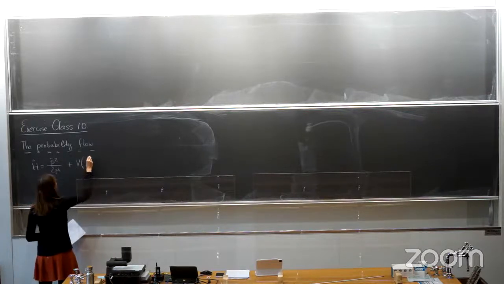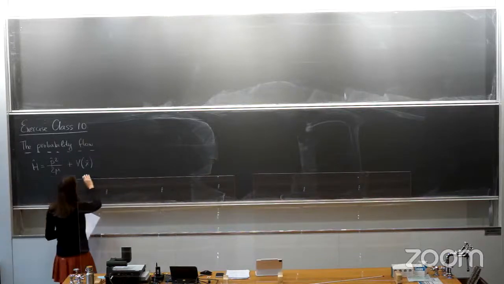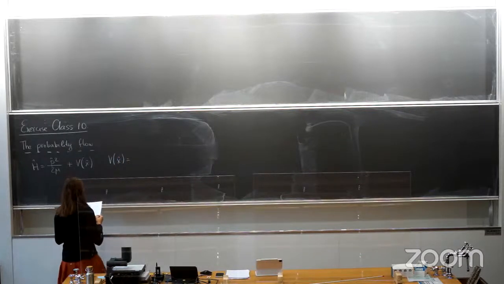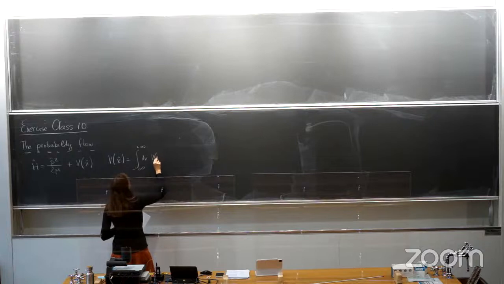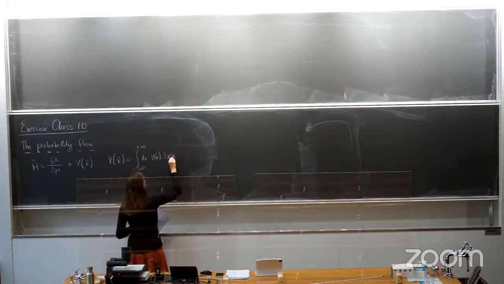And so V of x, if we write it in its matrix form, what we get is this integral from minus infinity to plus infinity dx, the function V of x and ket x, bra x.